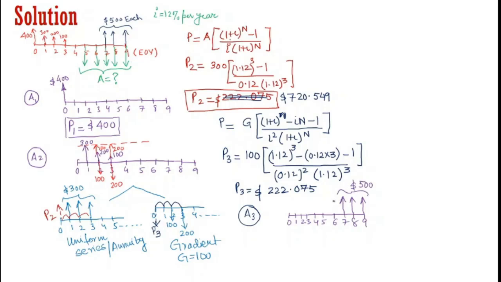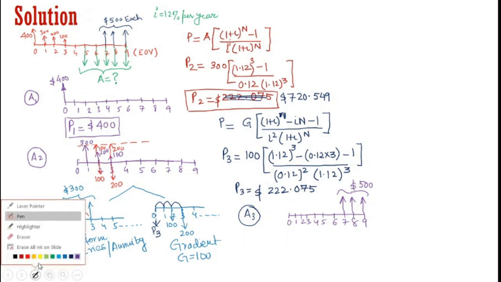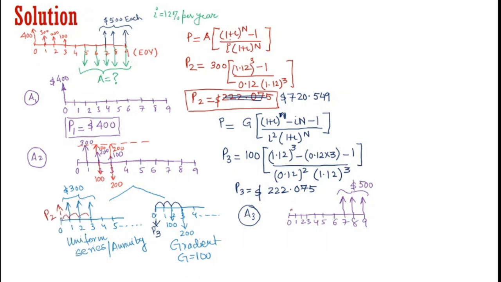As we did earlier, if I want to use the standard relationship between P and A, P will be evaluated not at 0 but rather at n equal to 6. So I am calling the equivalence of this series at this point of time P4 dash.